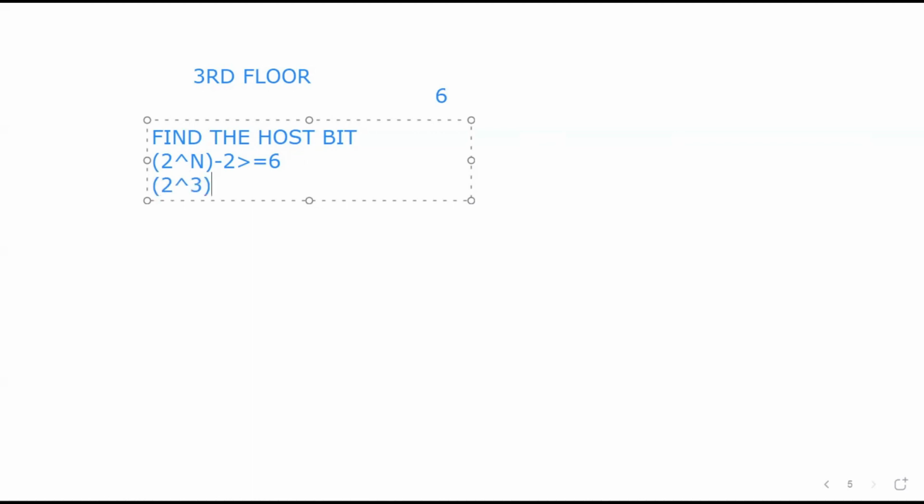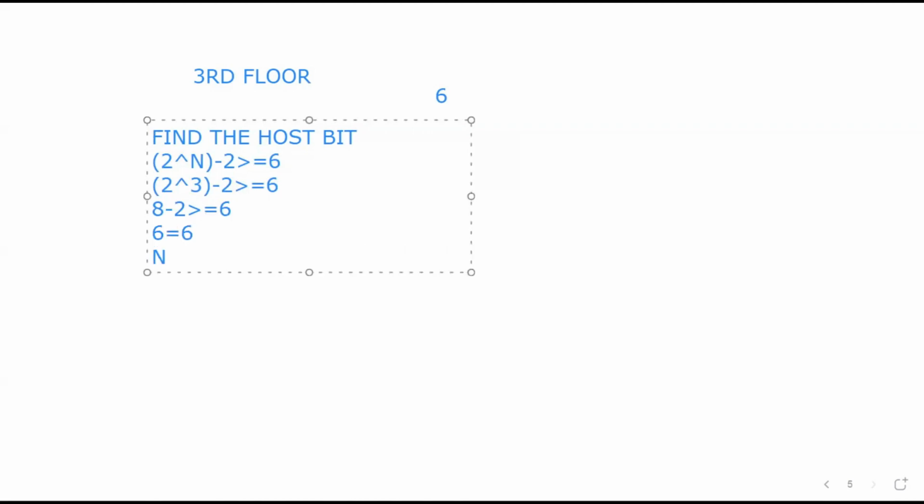By practicing, you can also assign that directly. 8 subtract 2 is greater than or equal to 6. Then 6 is equal to 6. The value of n is 3, right?